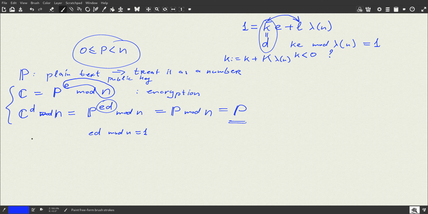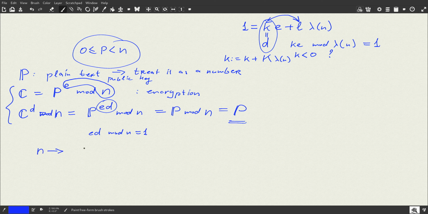The crux of the algorithm is that, given E and N, it is impossible to find D by brute force. Because how would you do it?